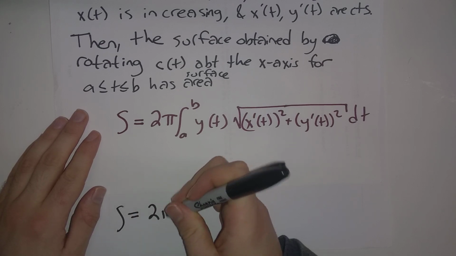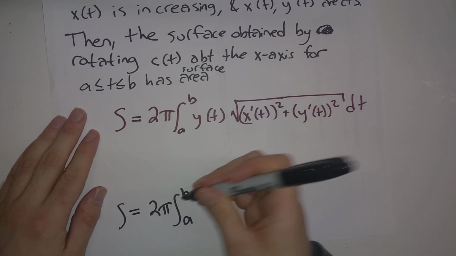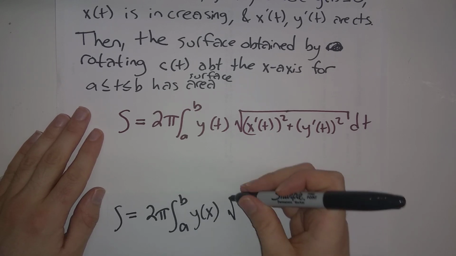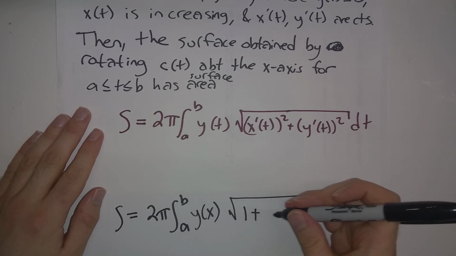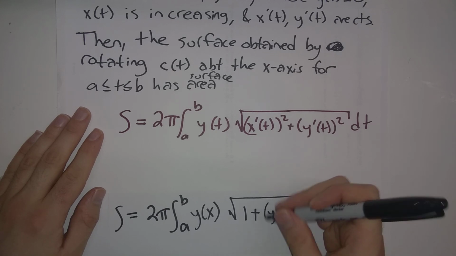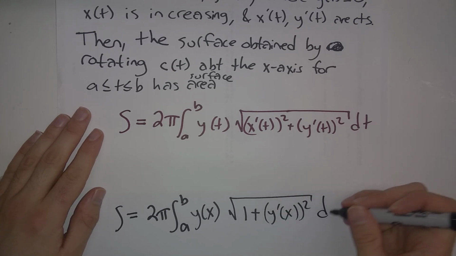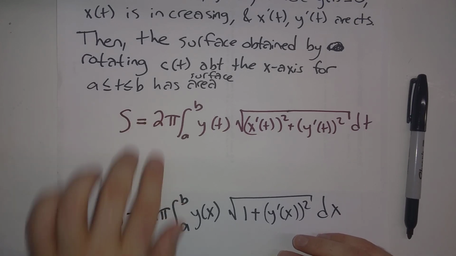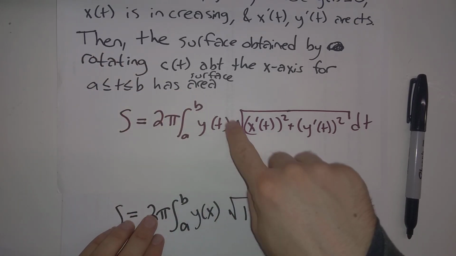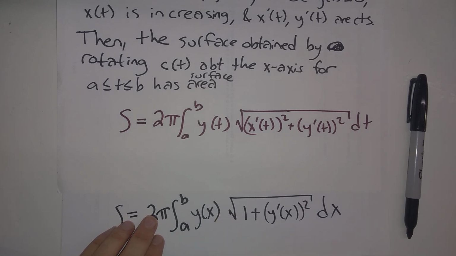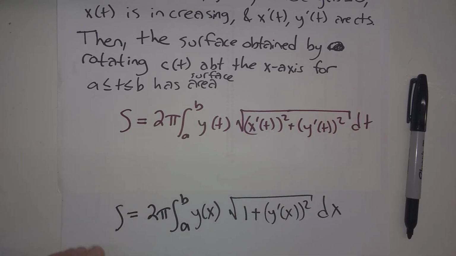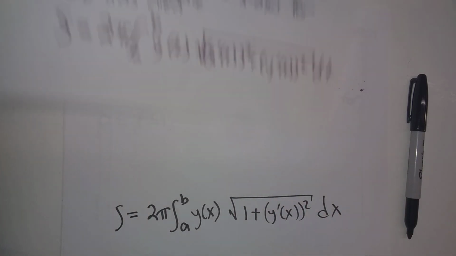S was 2 pi times the integral from a to b of y of x times the square root of 1 plus y prime of x squared dx. So these two formulas have many of the same features: 2 pi, integral from a to b, a factor of y, which is representing the height of our curve, times a square root, and there are things squared under our square root.